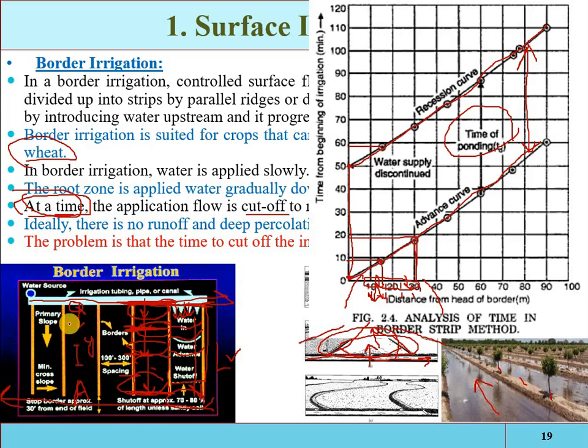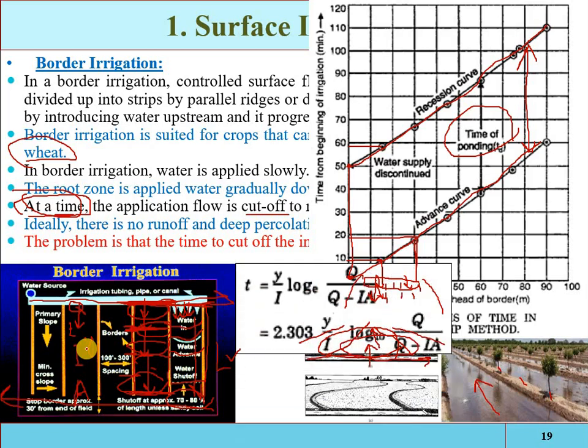Now when this inflow should be stopped, what will be the time of cutoff, so that the deep percolation losses are reduced, the runoff is reduced, and the area is properly irrigated? We have a rational equation here. The time of cutoff is equal to 2.303 y divided by I, times log base 10 of q divided by (q minus I a).